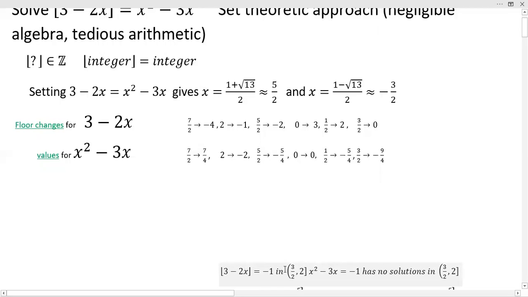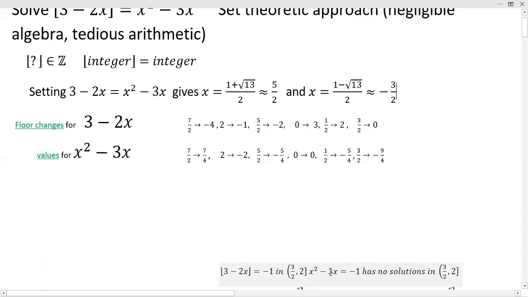So that means you have to make this an open interval. It's anything beyond 3/2, which will produce a floor value of -1. And also the very last floor value of -1 will happen when x is equal to 2, closed. So you see 3 minus 4 is -1. So we do know that the floor of 3 minus 2x is equal to -1 on this interval.